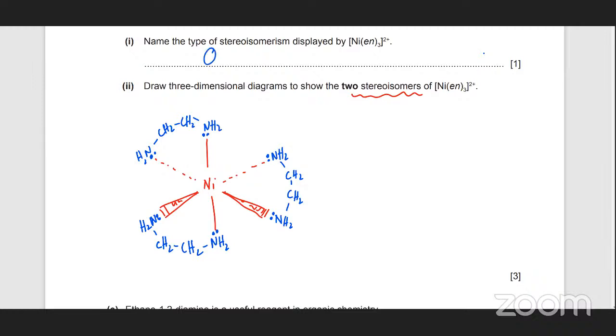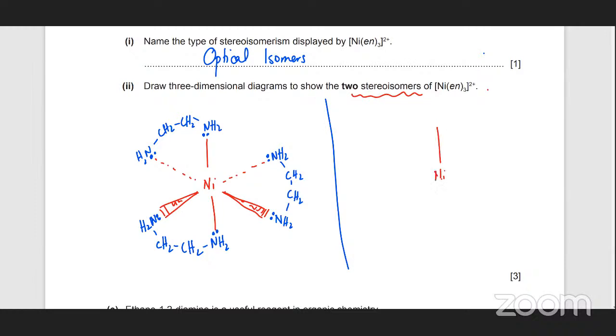A molecule like this forms optical isomers. That is, it has two non-superimposable mirror images. So what you're going to do is make a mirrored version of the same molecule. And I'm just going to quickly do this without going into a lot of detail. You can fill in the details later.